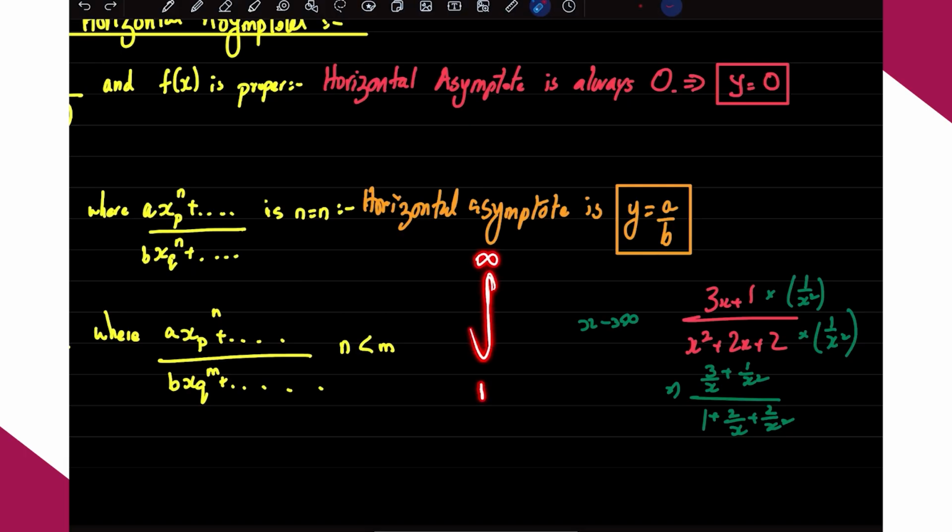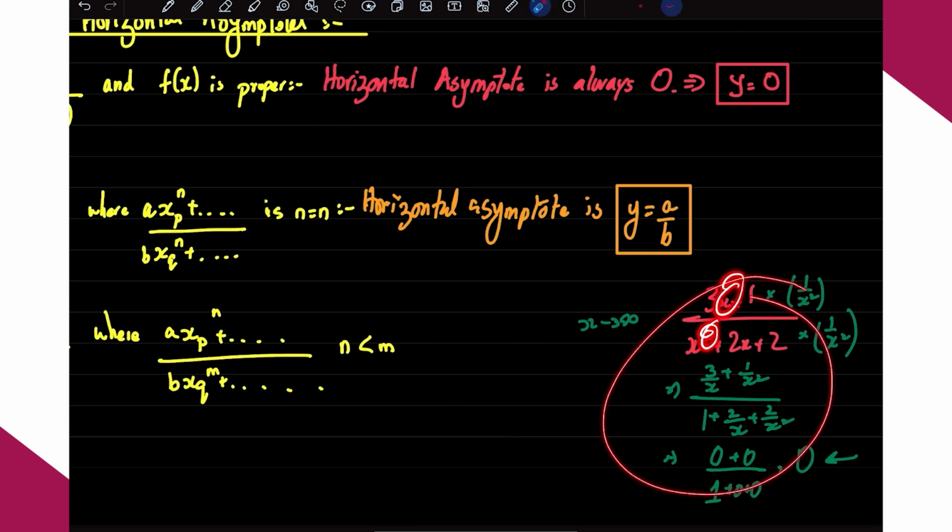We had these improper integrals with infinity. So we wanted to look for a situation where x is in the denominator and then make those 0. Notice that you ultimately end up with a 0 over here plus 0 over here, and we had a 1 plus 0 plus 0. So it's still coming out to be 0. Even in the case that this is still a proper fraction because the power is smaller than the denominator, you're still going to have y equal to 0 as the asymptote.